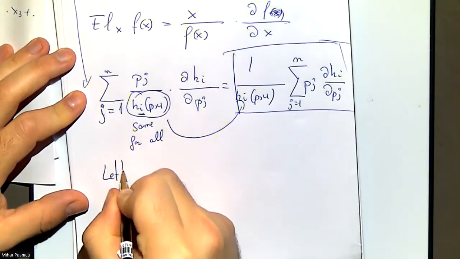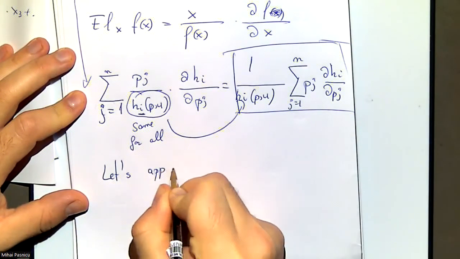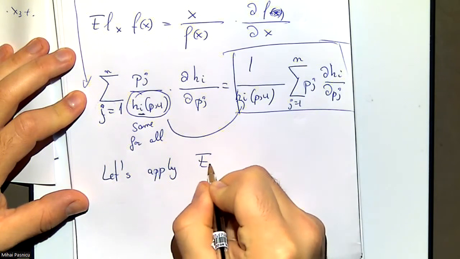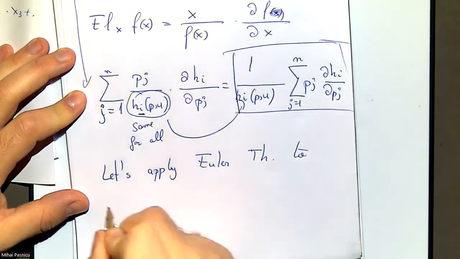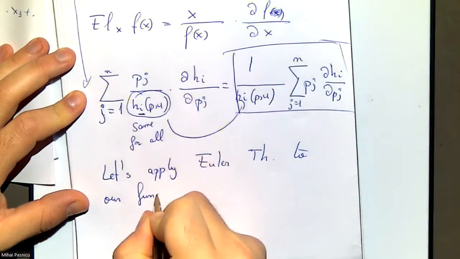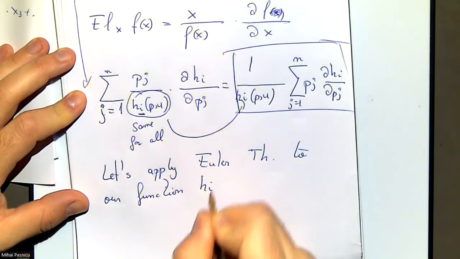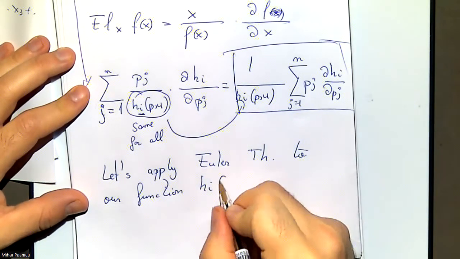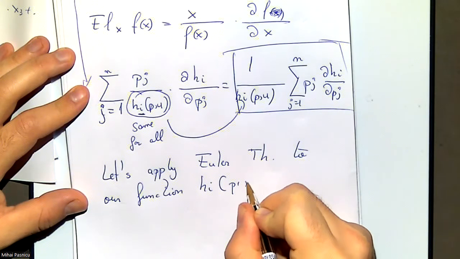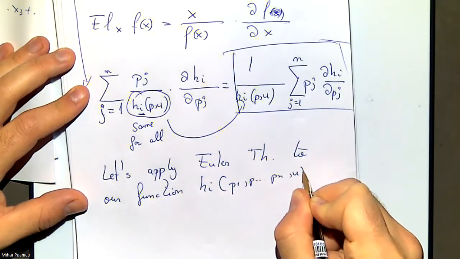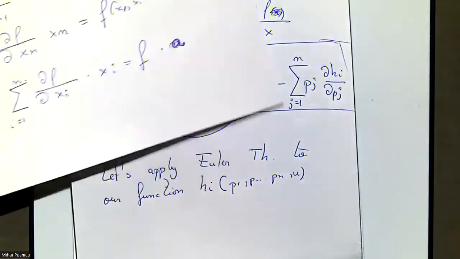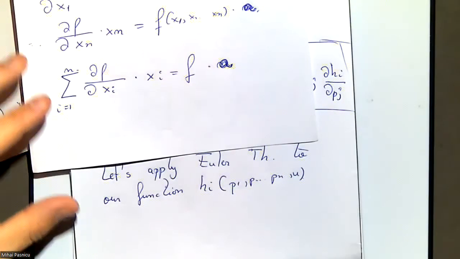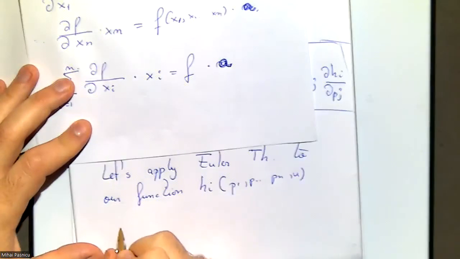So let's just apply Euler's theorem to our function h_i, which is a function of P1, P2, Pn, and u.